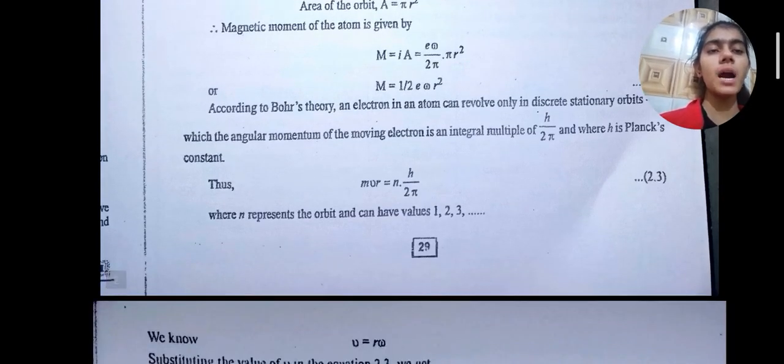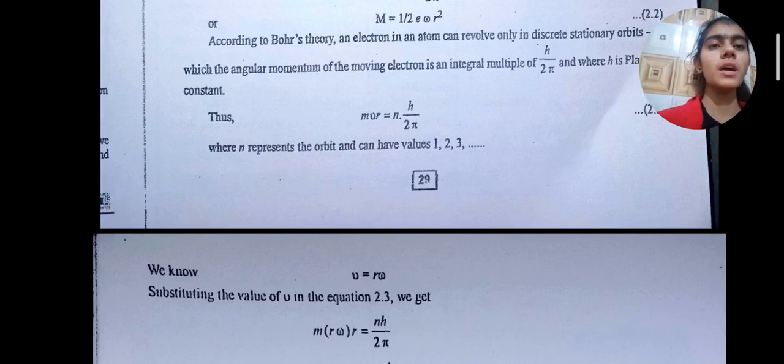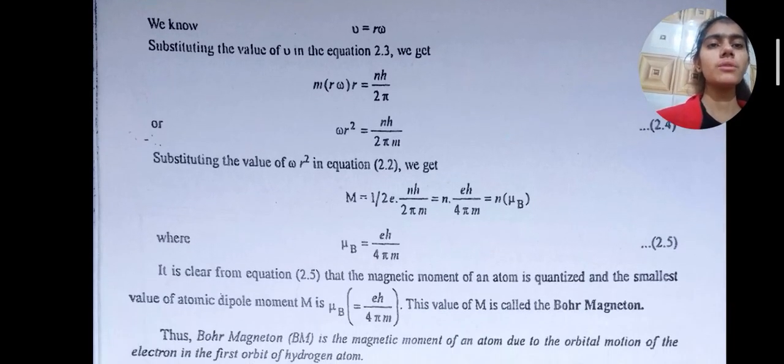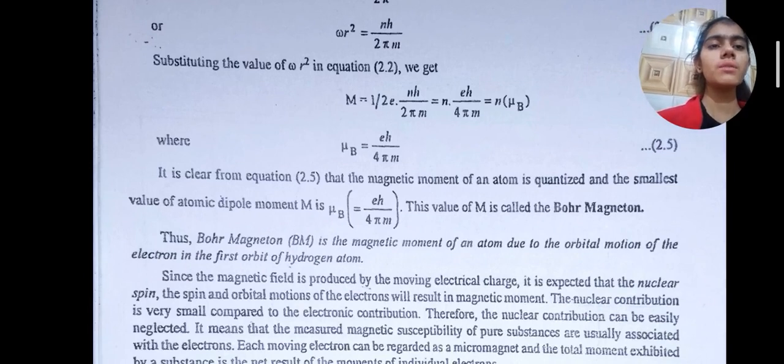Thus, mvr = nh/2π, where n represents the orbit and can have the values 1, 2, 3 and so on. As we know, v = rω, where ω is the angular velocity. Substituting the values, we have the magnetic moment equal to eh/4πm.